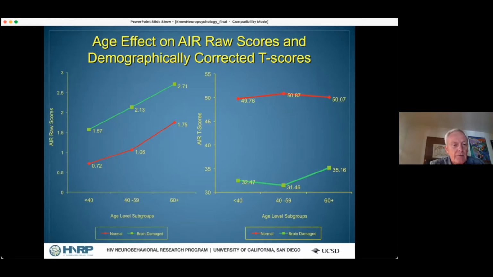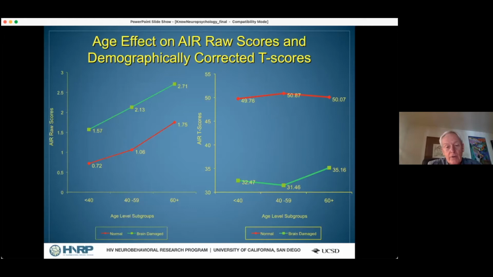You can see for raw scores, again, high is bad. And you can see that as people get older in both of these groups, they're showing a substantial linear age effect, like we saw with the Way-Swims factors. And the difference between the two lines, the red and the green, is your brain damage effect.